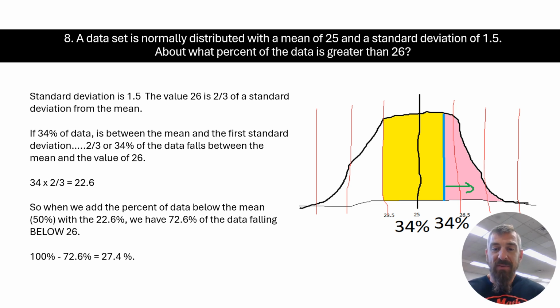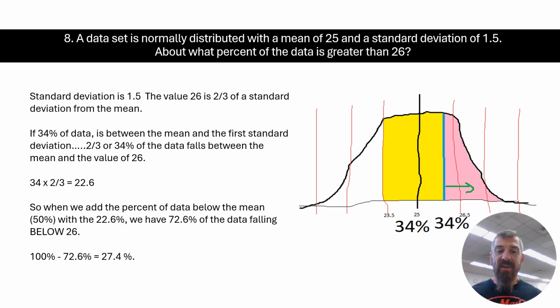But that's not all the information that we need. We now have to add that to the 50% of the data that falls below the mean. So we add the 50% of the data with that 22.6% that we got by finding 2/3 of 34.